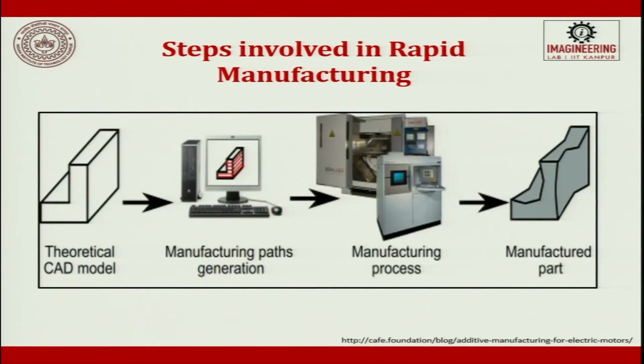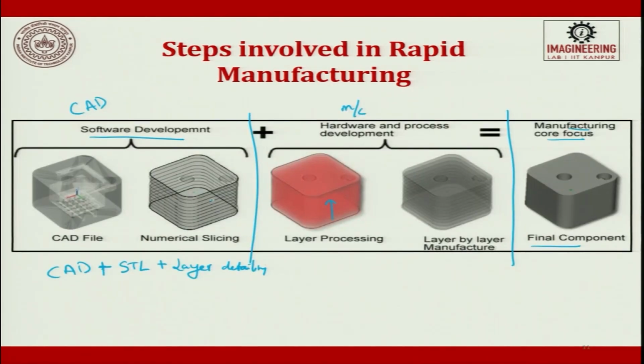So, this is what is given in picture form, in a schematic form. In CAD, what are you trying to generate in this software numerically? You are not only developing layer by layer, you are also trying to develop the tool path motion.